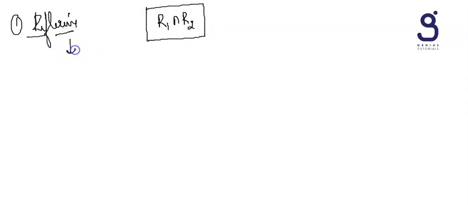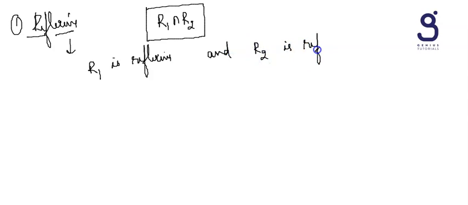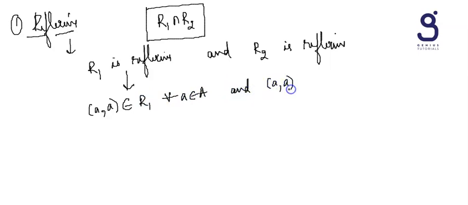Now how to prove that? We know that R1 is reflexive and R2 is also reflexive, because it is given that R1 and R2 are both independently equivalence relations, so they must be reflexive also. Now if R1 is reflexive, then (a, a) should belong to R1 for all values of a. In the same way, (a, a) should belong to R2 for all values of a.